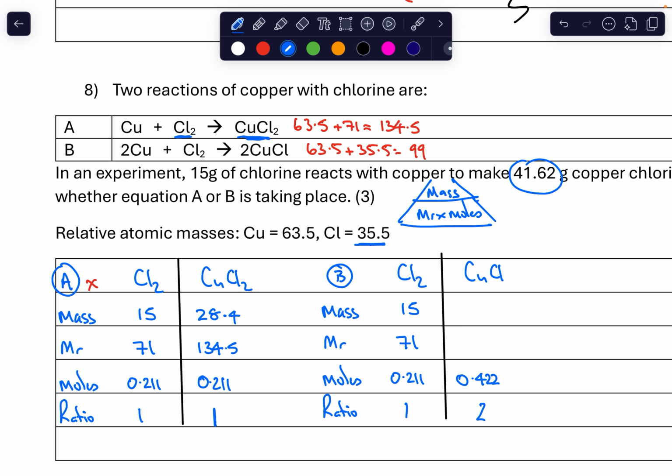Didn't seem right to me. 99. So all I need to do now is work out the mass. Remember, to work out the mass, we do MR times moles. So I've got 0.422 times 99, and that's going to give me 41.78. It's a little bit different to this because down here we rounded things up, but this one therefore is the correct one. So B is correct, A is not correct.